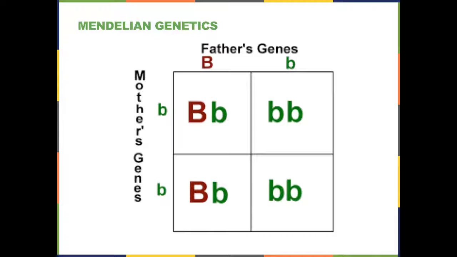The second point is that when you select a letter, the capital letter is the dominant and the little letter is the recessive. And for each situation, you combine one allele from the father with one allele from the mother. And whatever's in this box represents this father and this mother's gamete.